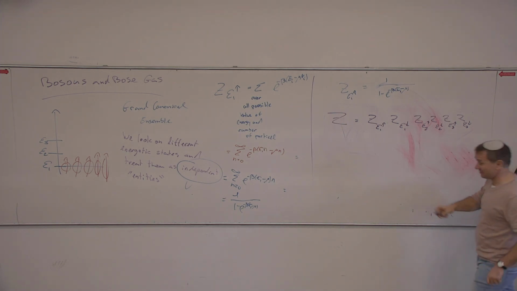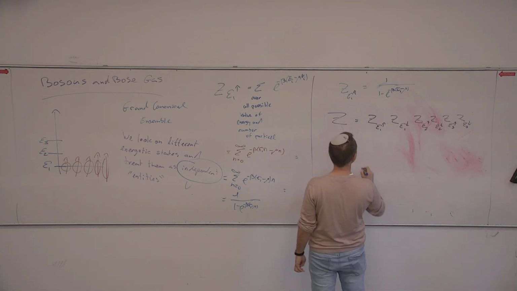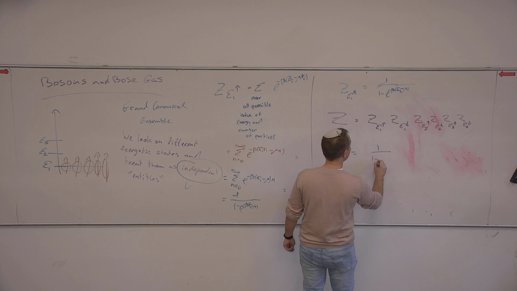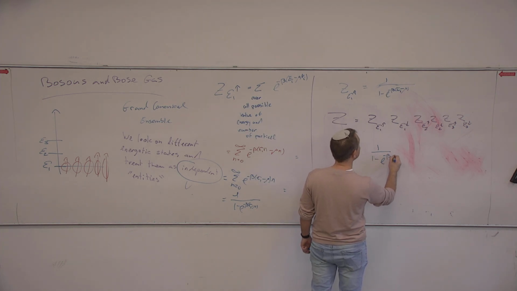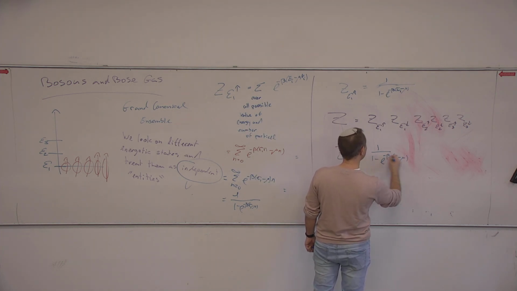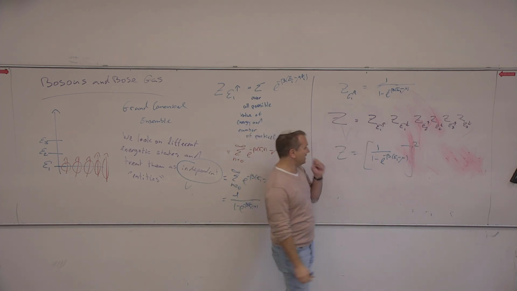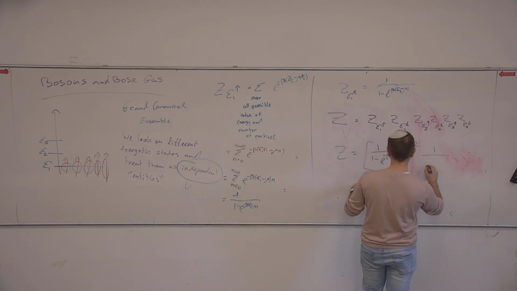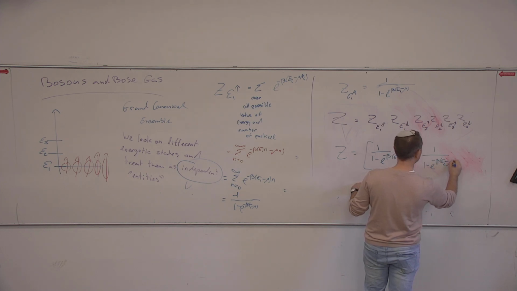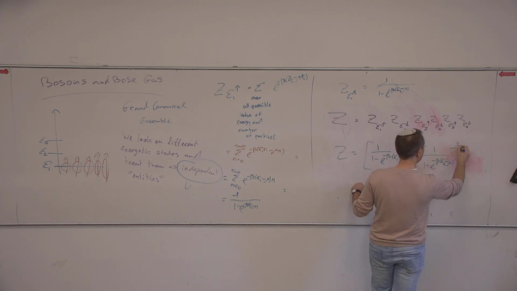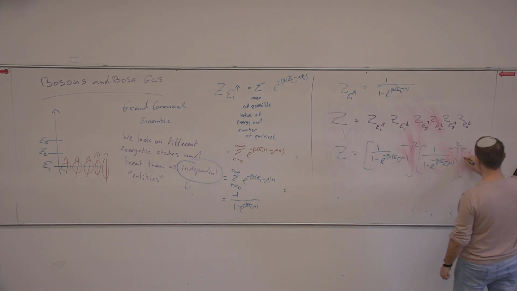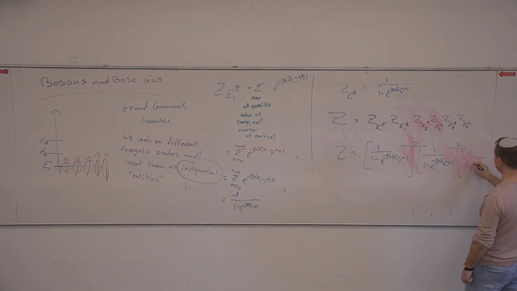So what I have is Z equals 1 over 1 minus e to the power minus beta (epsilon 1 minus mu), to the power of 2. And I have 1 over 1 minus e to the power minus beta (epsilon 2 minus mu), to the power of 2.